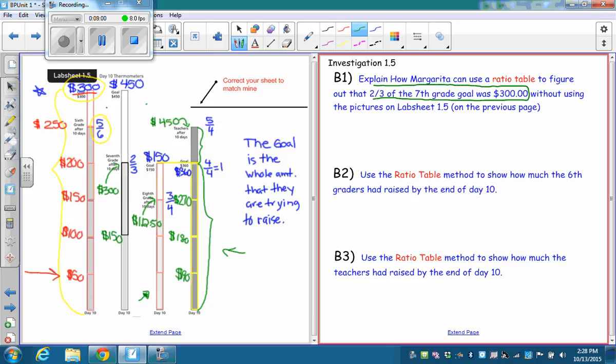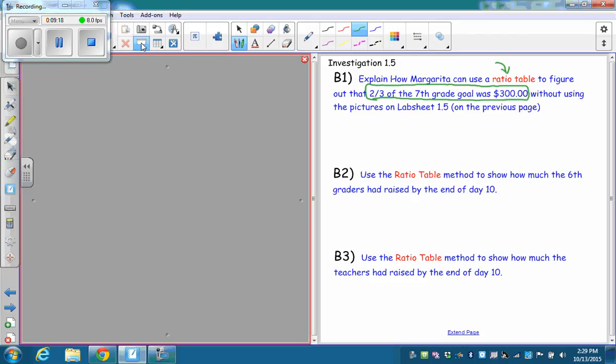But they do not say in your book that she used a ratio table. But I'm asking you to figure out how to use a ratio table to show that this is true, imagining that over here you didn't have the picture to look at. The picture is surely a nice tool and we don't want to always ignore it, but you want to also be able to do this without a picture.